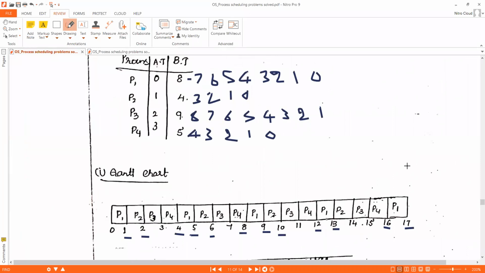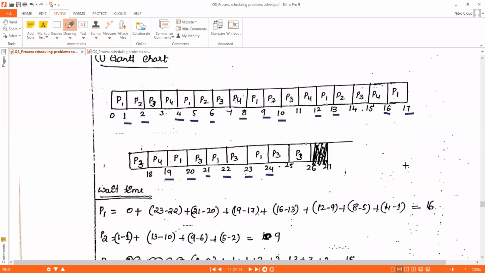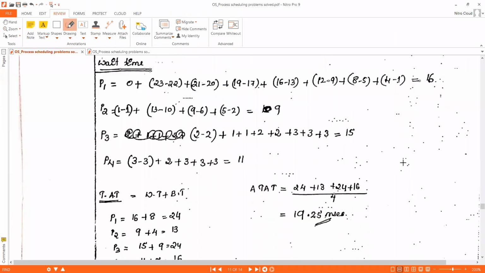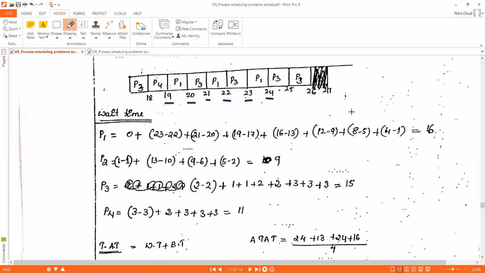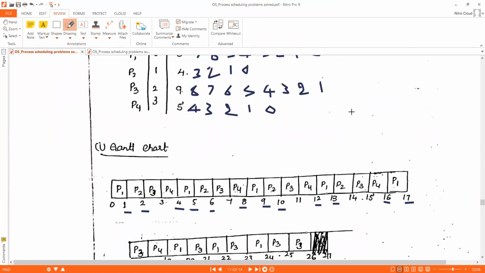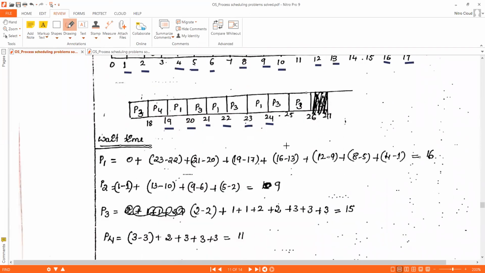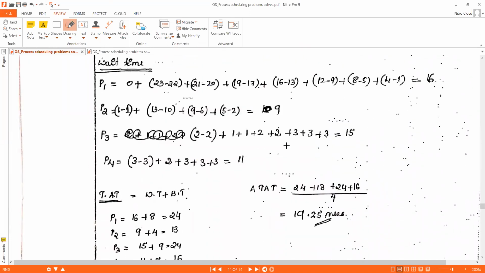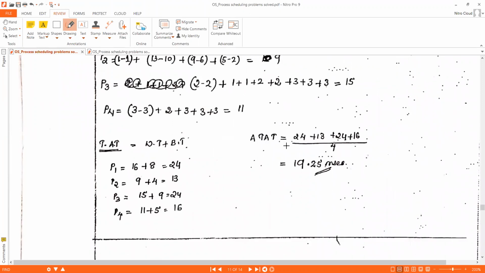Next, turnaround time for process 2 is process 2's waiting time, that is 9 milliseconds, plus process 2's burst time, which is 4 milliseconds. So it is 9 plus 4, we will get 13 as the turnaround time for process 2.